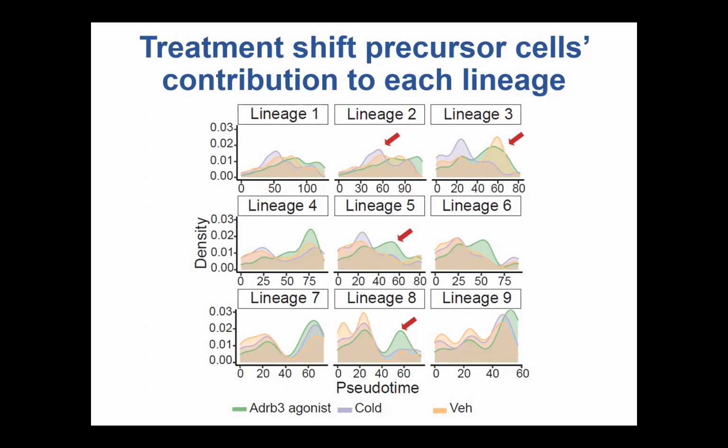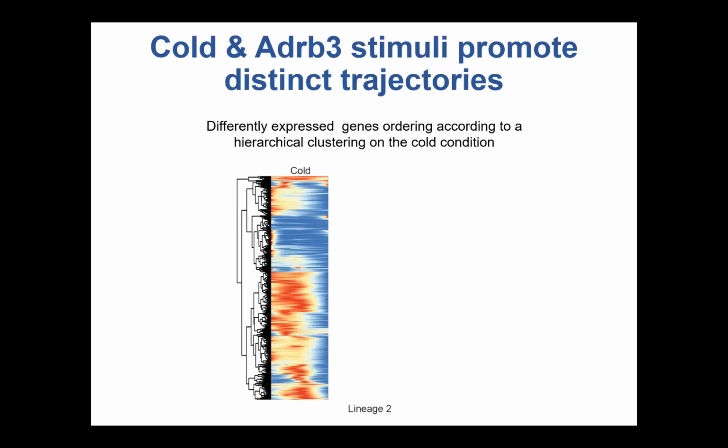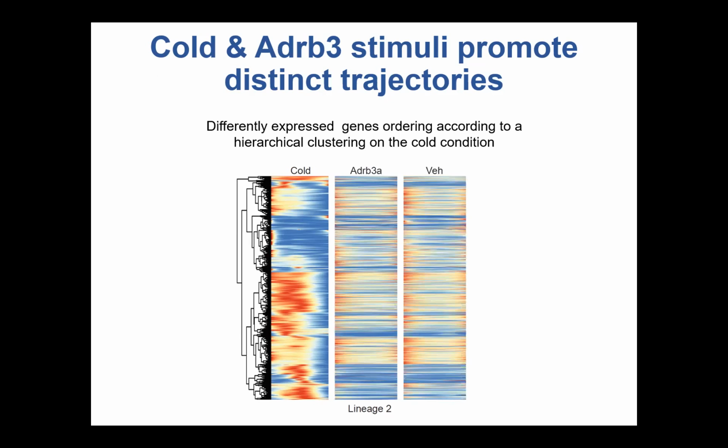We next reordered the differentially expressed genes according to their hierarchical clustering in cold conditions. We took just the genes that are expressed in cold condition and reordered them. This is an example for lineage 2. Then we forced the same type of ordering in the other conditions, so in beta-adrenergic stimulation and vehicle.